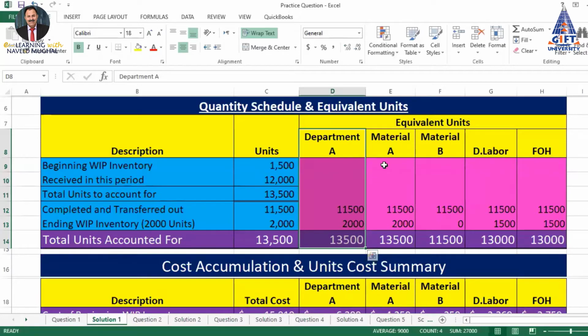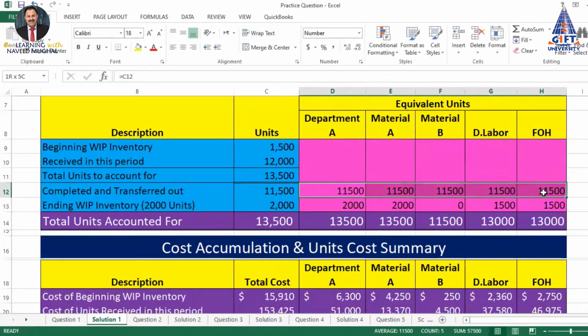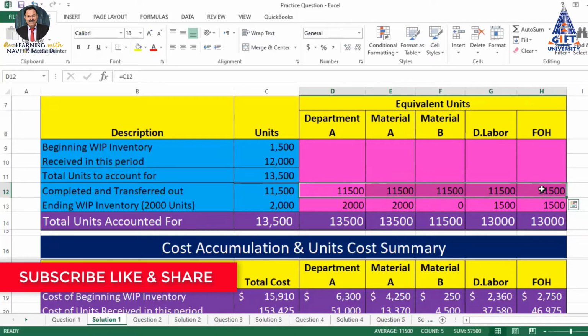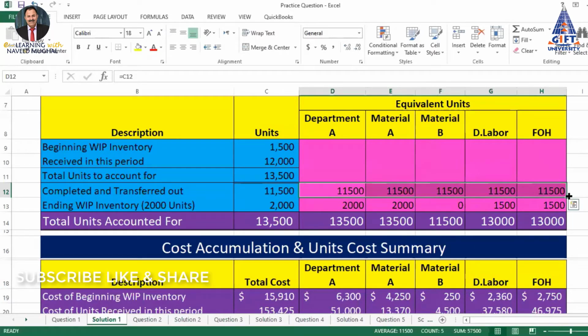So this is department A, material A, material B, direct labor, and factory overhead. As completed units are completed in all aspects, they are completed with the department A, whether material A, material B has been added to them, labor has been applied to them, factory overhead has been applied to them. It means they are 100% complete in all aspects.